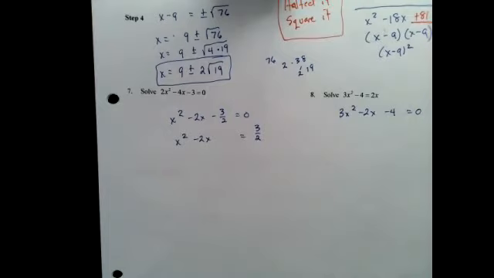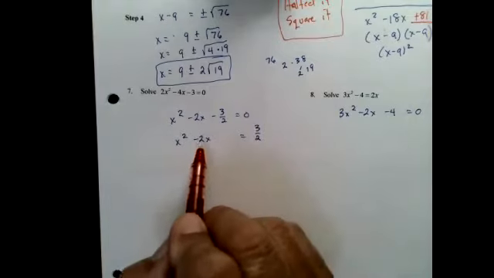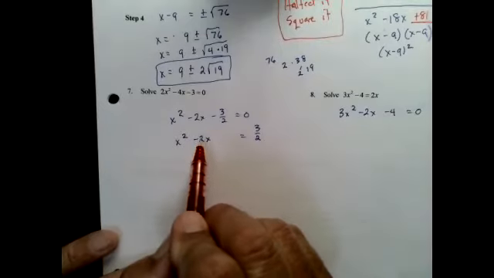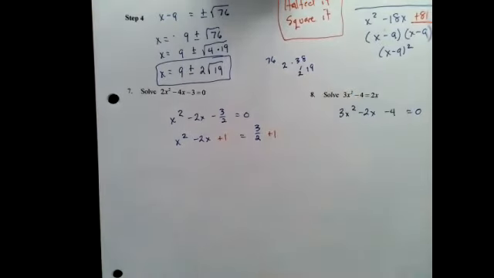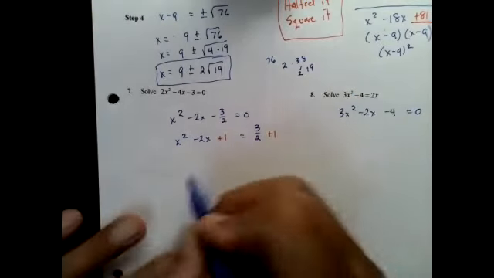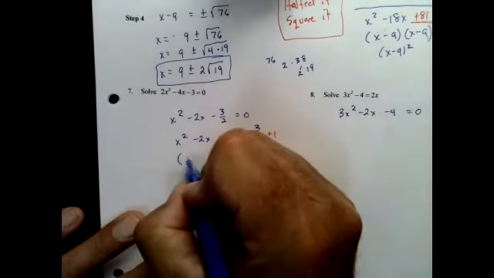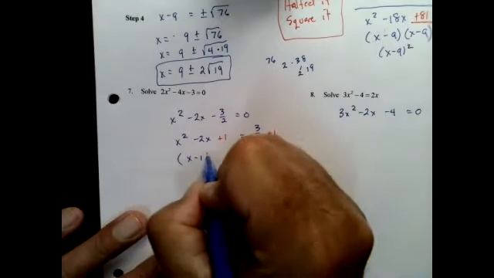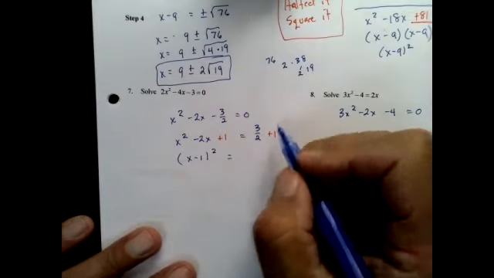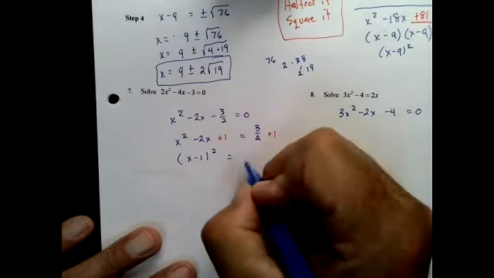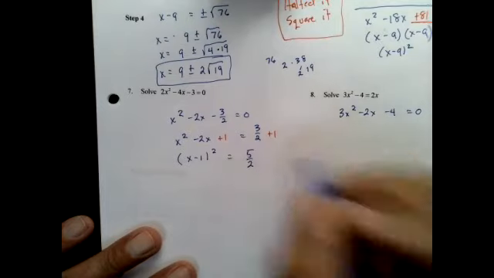I added 3/2 to both sides. Now I need to complete the square. I'm going to take half of this, which is -1, and square it. I'm going to add 1 and add 1. And here we go. Remember when I halved it? It was -1, and there it is. 3/2 plus 1, 5/2.